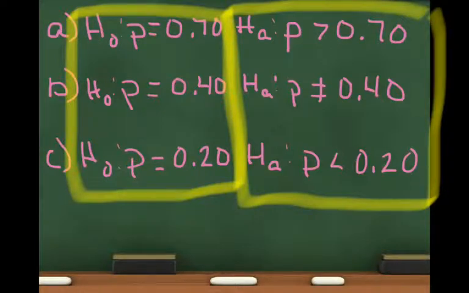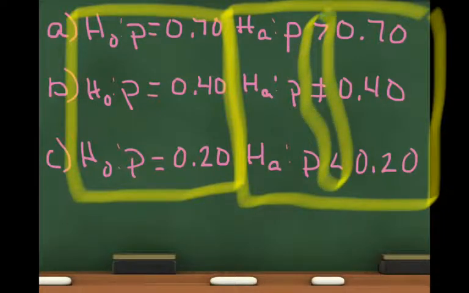You need to pay attention when you're looking at these problems, and look at the key words for these signs. Just look and see, are they looking for a greater than, a less than, or just some type of change. It's very important you know how to set up these hypotheses.